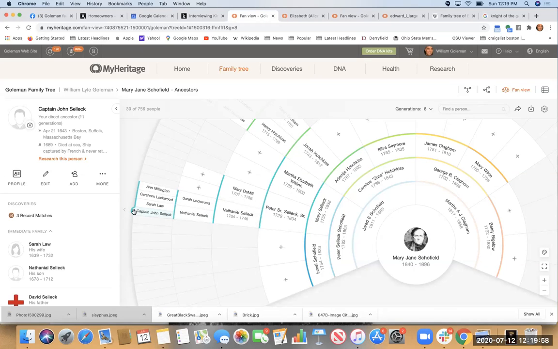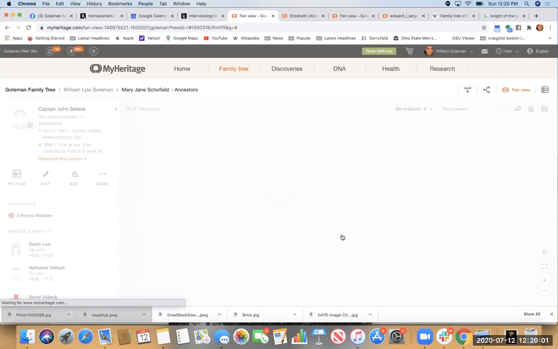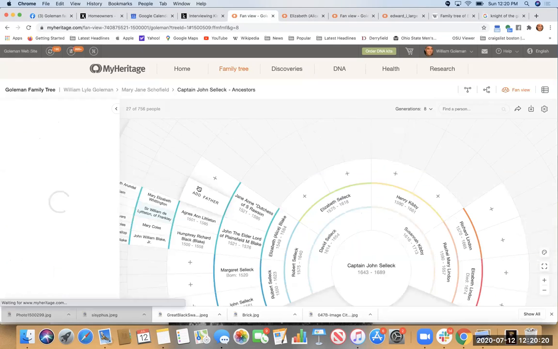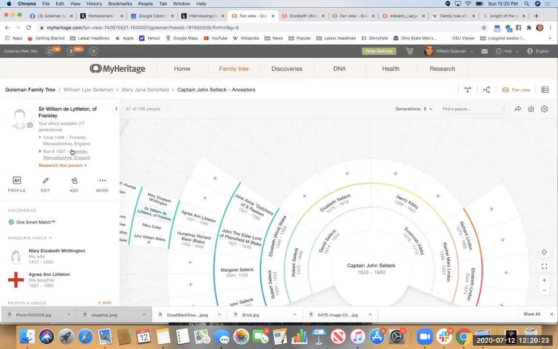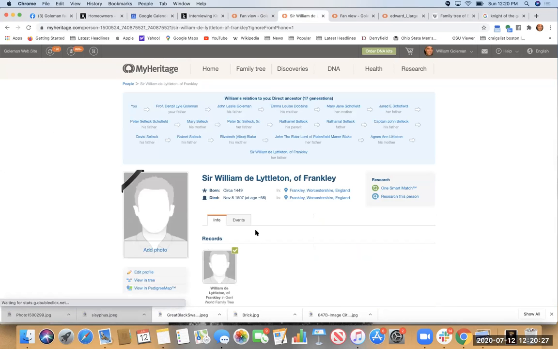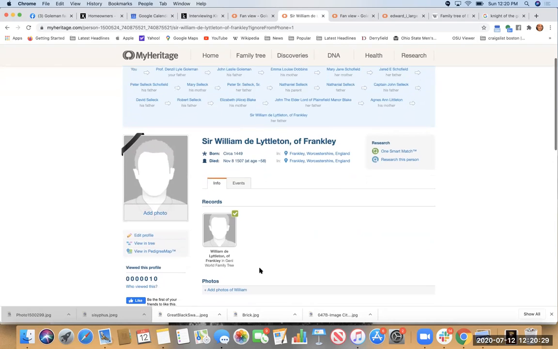So if I go back to Captain John Selleck and start to go back out, and then here's the Duchess and John the Elder. Then there's Littleton, and I noticed Sir William, and I thought this was really interesting. Of course, being a William and seeing Sir William, this person was actually knighted.